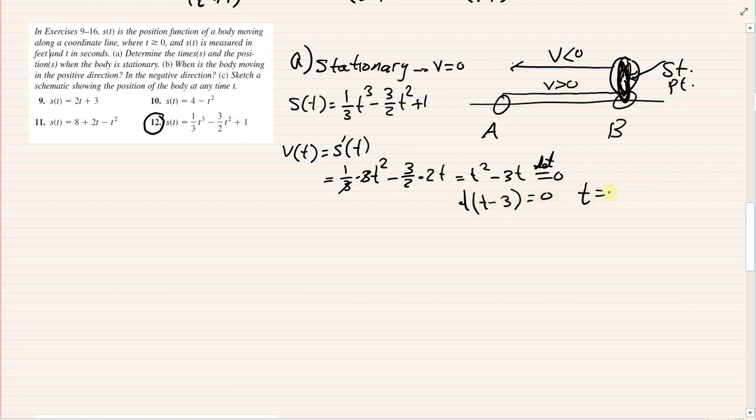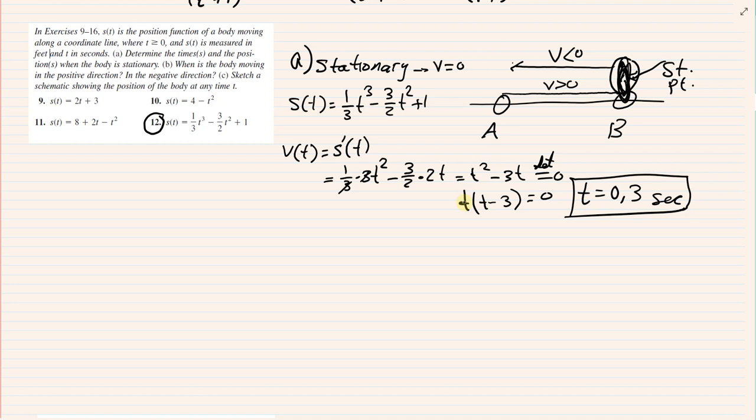So at two instants of time, the velocity is 0. First, initially, when the object actually starts to begin to move, at t equals 0, it's stationary. Velocity is 0. And then 3 seconds later, it's also 0.